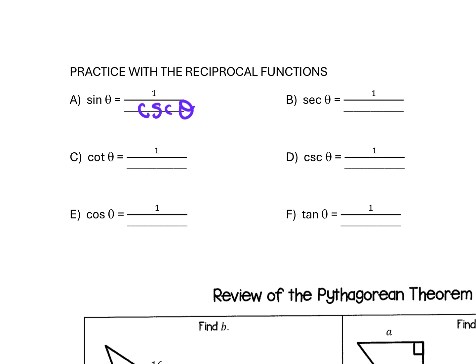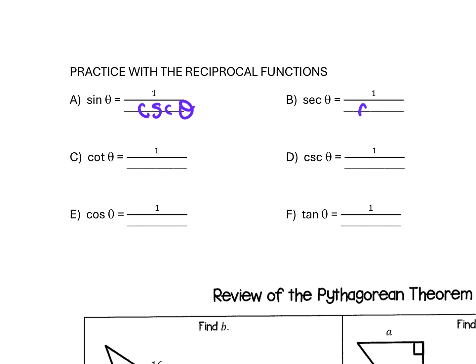Exactly. All right, for letter B, secant of theta, and that's equal to 1 over what trig function? Owen? We have our S, our secant, so we need our C. So for secant, flip back a page or two.